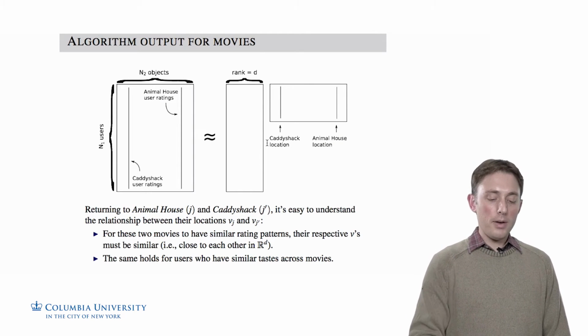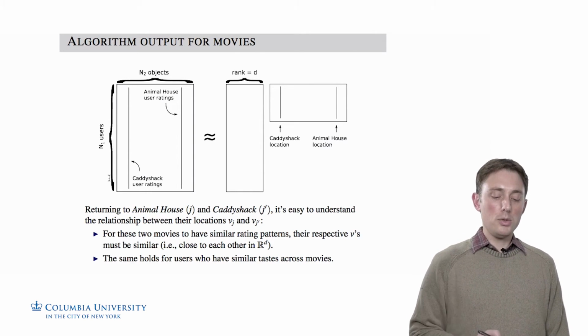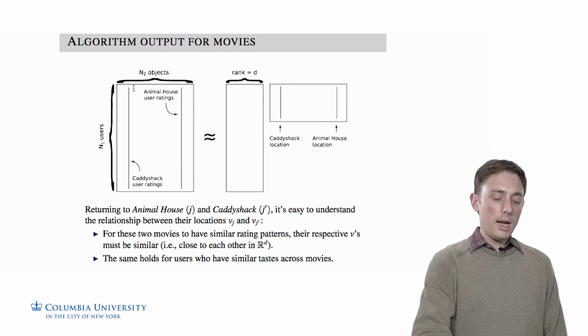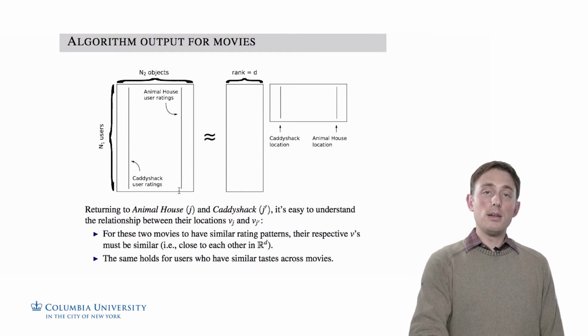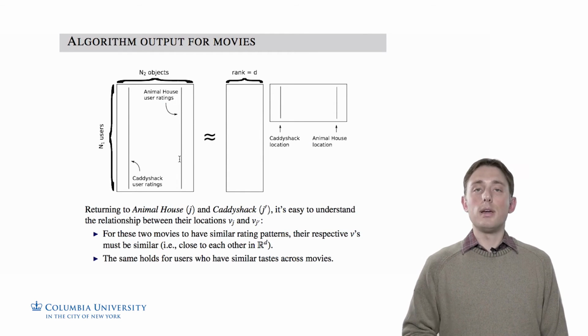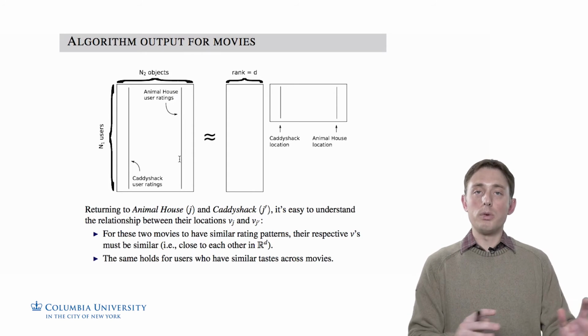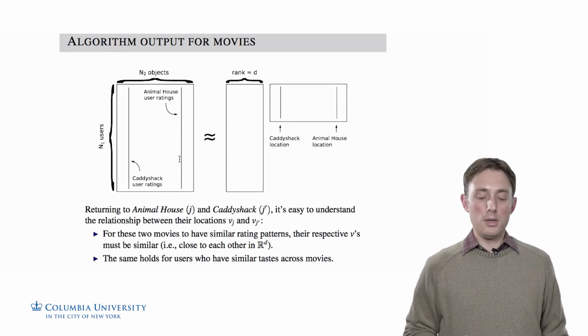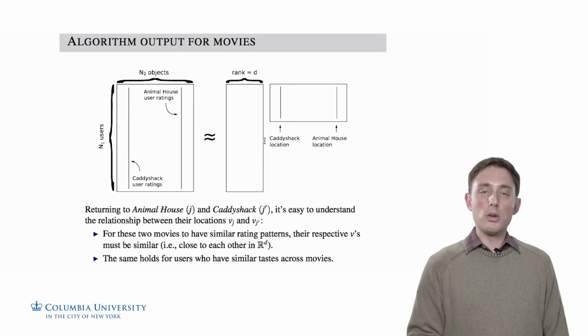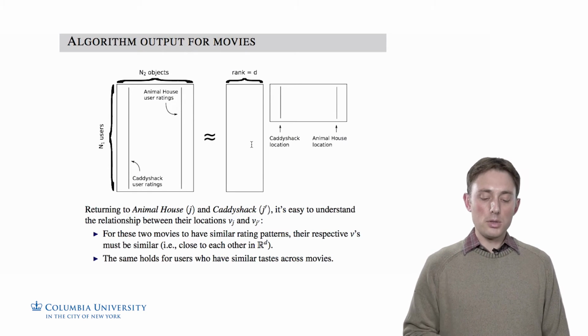Therefore, if I want to, for example, pick two users, and one user viewed Caddyshack and loved it, but didn't view Animal House, and then another user viewed both movies and liked both of them a lot, and they also agree on many other movies, then those two users are going to be very similar to each other in this matrix.